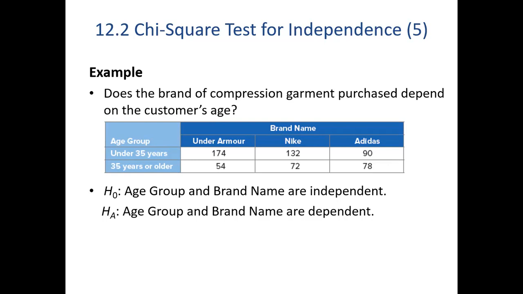In the first row, we place 174, enter, 132, enter, and 90, enter. Second row: 54, enter, 72, enter, 78, enter.